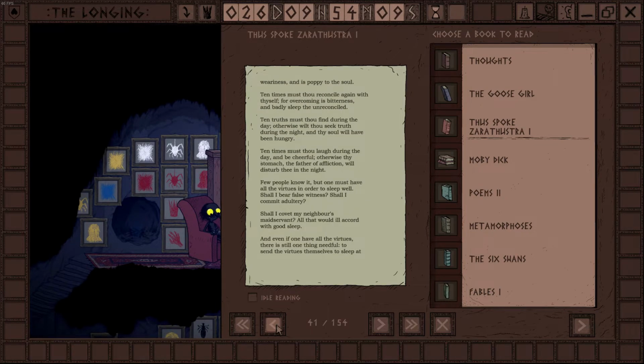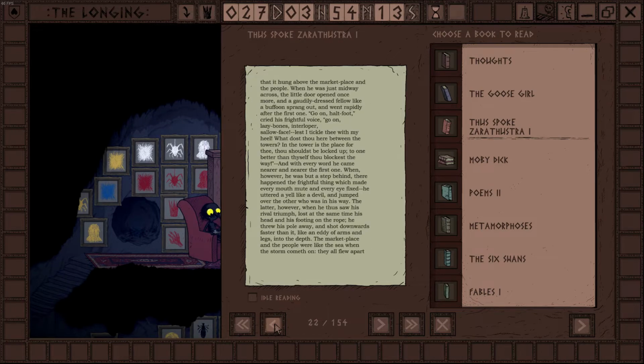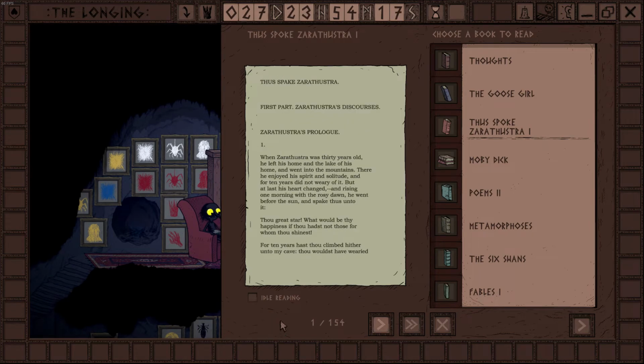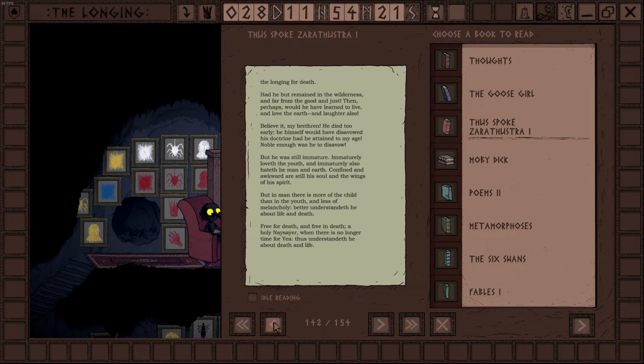Oh, that reminds me, I do need to go and have a look at the, I think it was a green crystal at the waterfalls. See if I can figure out how to acquire that.